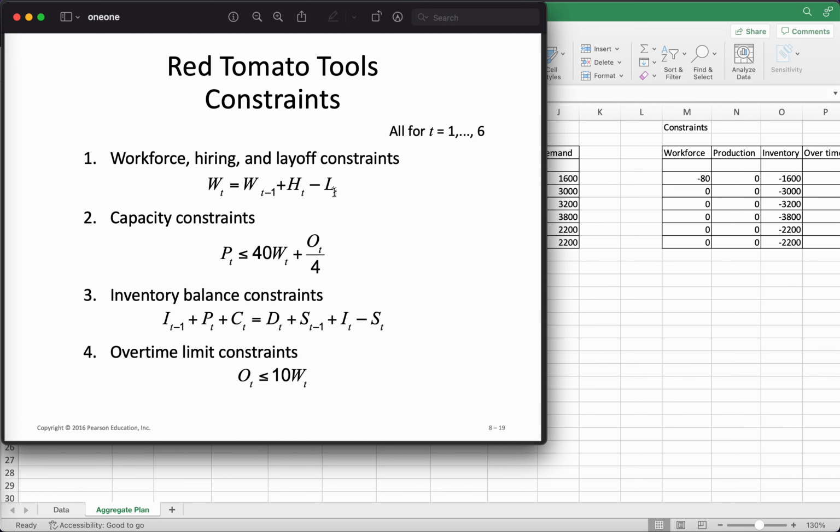So for the workforce constraint, I'm going to rewrite it as WT minus 1 minus HT plus LT. Essentially I'm taking all the variables that are on the right hand side and subtracting them from the left hand side. That way the right hand side is 0 and the left hand side is the value of all of these constraints.